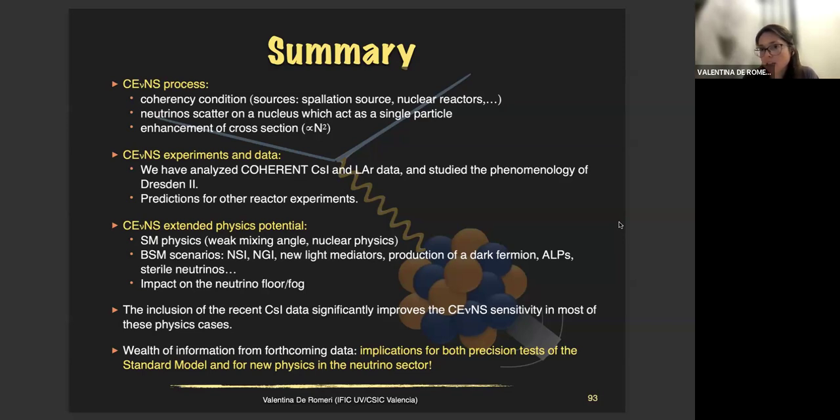Exactly. It's indeed complicated, and it's complicated to compute. I'm not an expert in nuclear physics, so I know that there are a few works that have tried to compute it, really trying to compute all the nuclear parts in detail. Some of them were relying on some assumptions and claimed that there would be a smooth transition from the coherent elastic to the incoherent inelastic, but I think at present it is still not so clear.